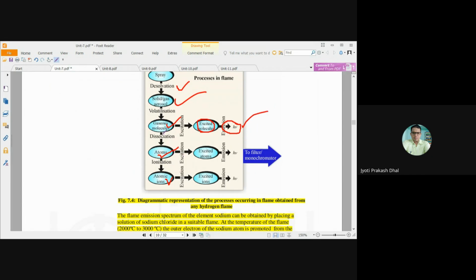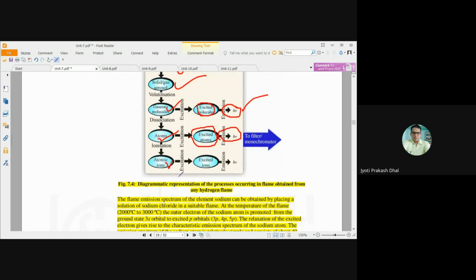And after dissociation, the atoms again undergo excitation by absorbing energy from the flame, and they will move to the excited state. After that, they will undergo emission, and they will emit electromagnetic radiation of a particular wavelength. Similarly, the ions may undergo excitation. These are called excited ions, and after that they will come back to the ground state by emission of electromagnetic radiation of a particular wavelength.